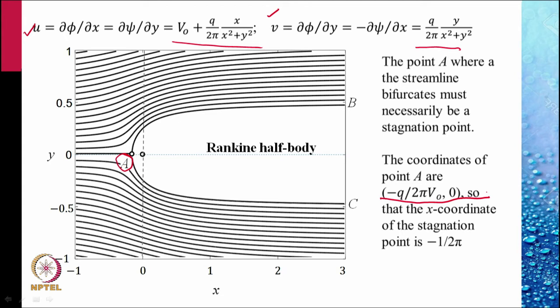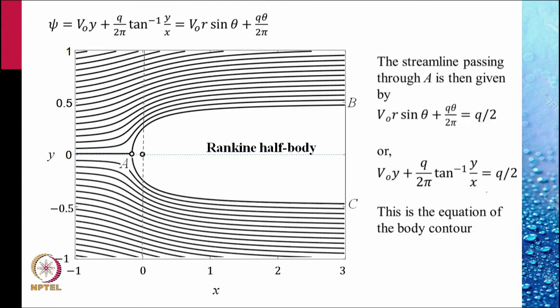Now, the streamline passing through this point is given by V naught r sine theta plus q theta divided by twice pi is equal to q by 2. From this expression of psi, we put in the value of x and y that we obtain, and when we do this, we get V naught r sine theta plus q theta by twice pi is equal to q by 2.